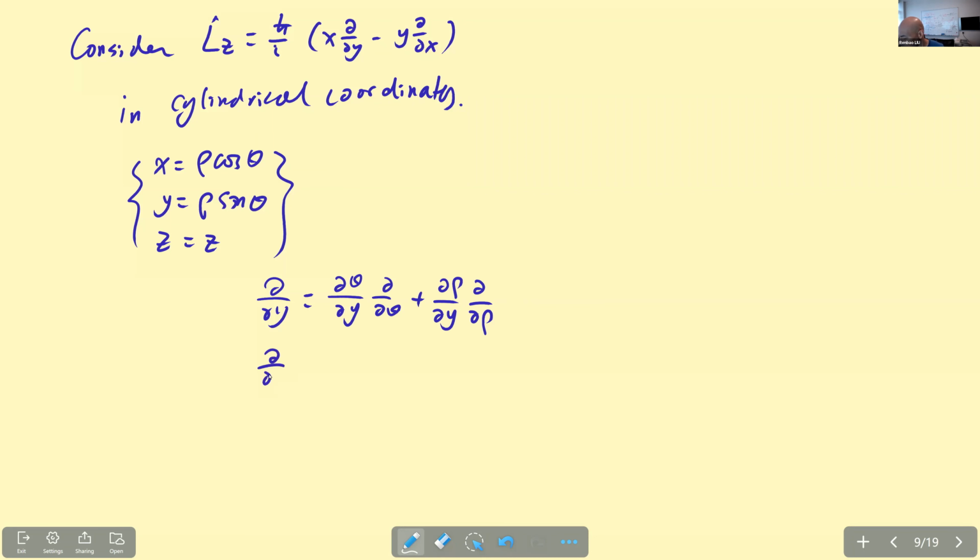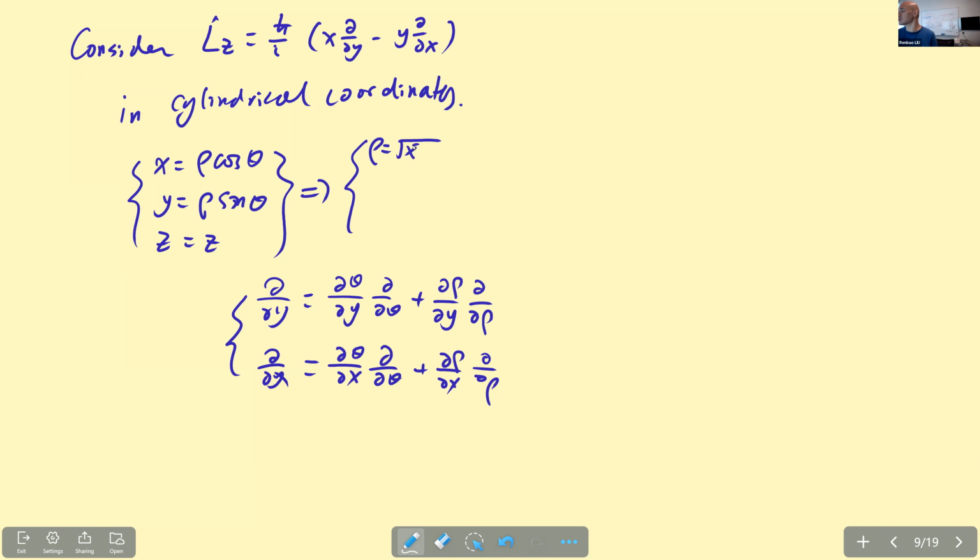And partial over partial x equals partial theta over partial x times partial over partial theta, plus partial rho over partial x times partial over partial rho. Of course, you also have rho equals the square root of x squared plus y squared, and theta equals the arctangent of y over x. So you put all of this into this.